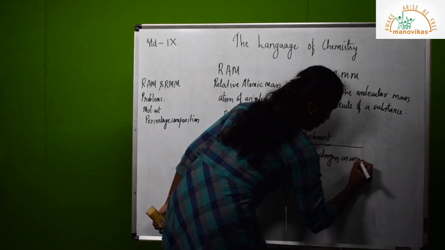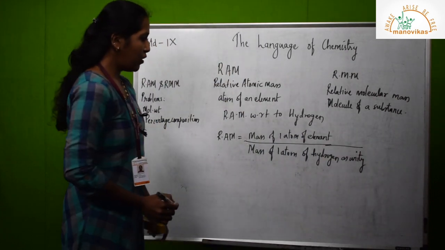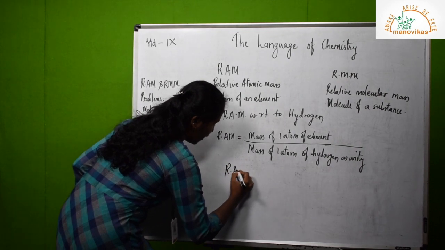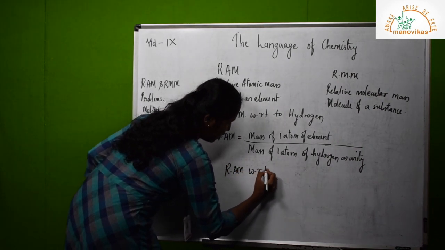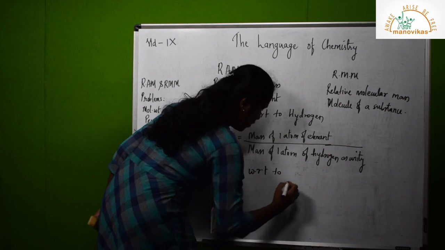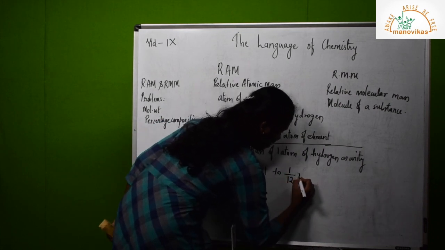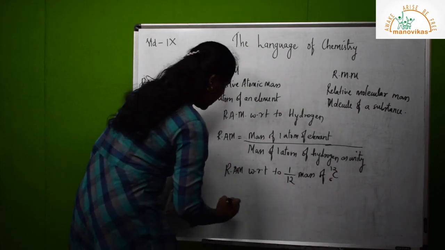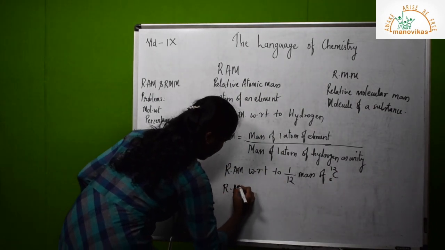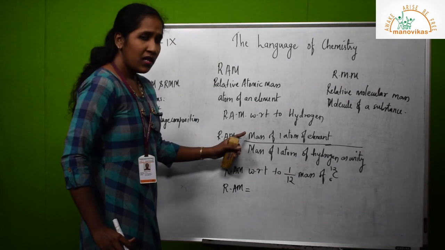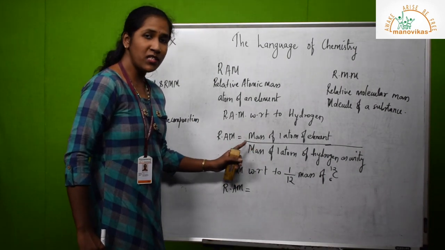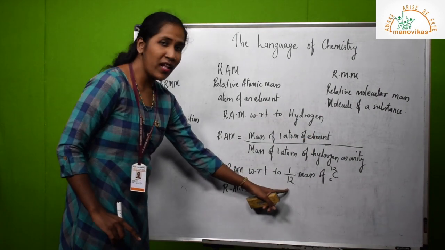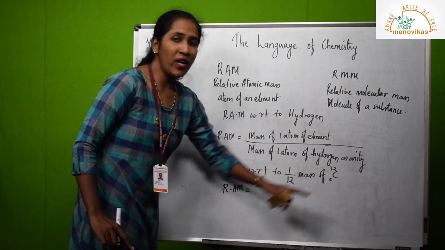And when you try to learn the definition with respect to the carbon 12 isotope, it is the number that represents how many times one atom of an element is heavier than 1/12 the mass of the C12 isotope.